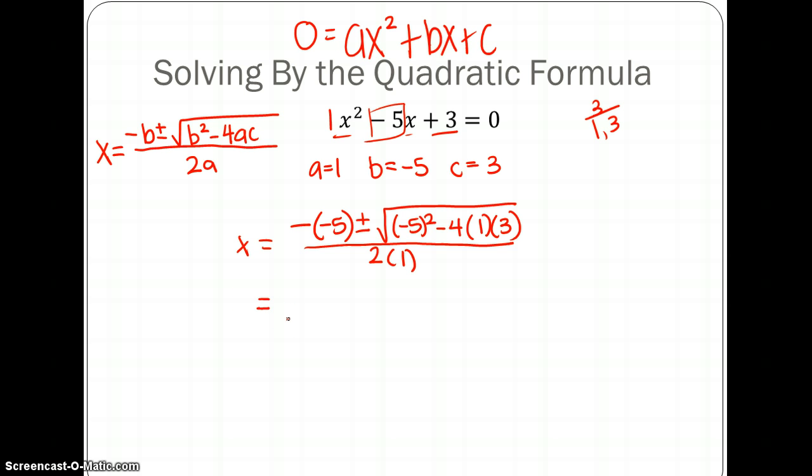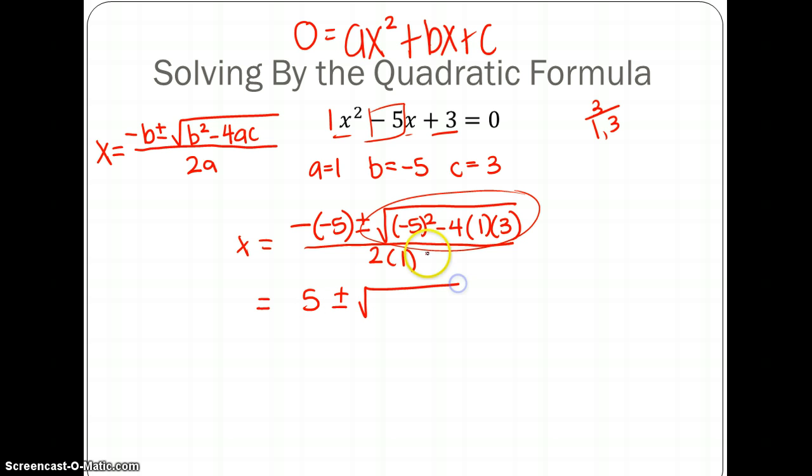So if we go through and simplify this, the place you want to focus first is the square root. Simplify this first, and it'll make your life much easier in the end. Negative -5, I'm just going to write that as +5.